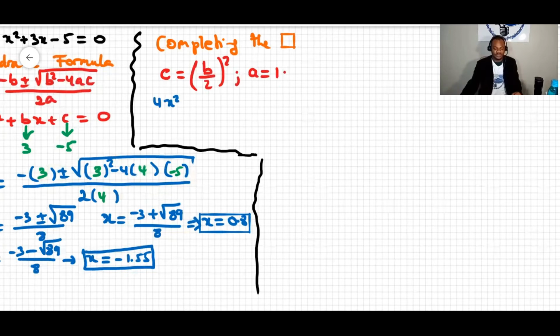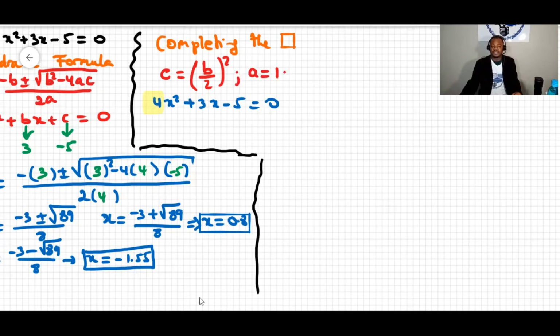4x squared plus 3x minus 5 equals 0. When we look at our A value, it is not equal to 1. So we will make it 1. How?